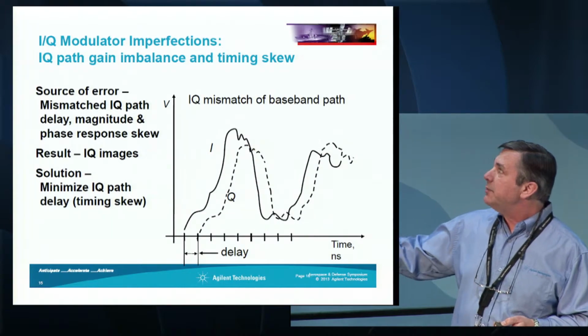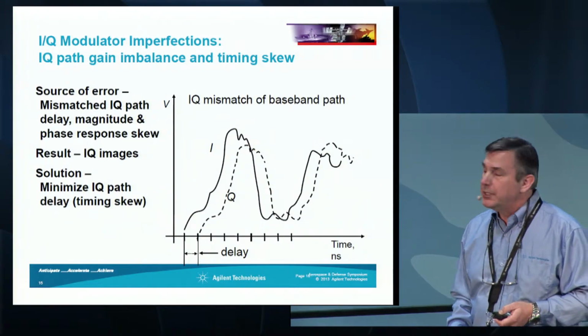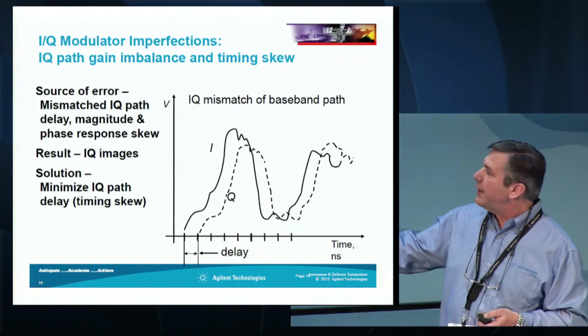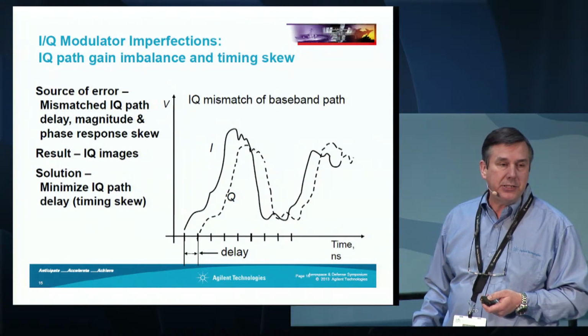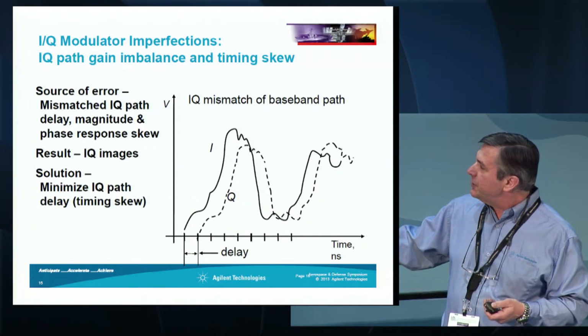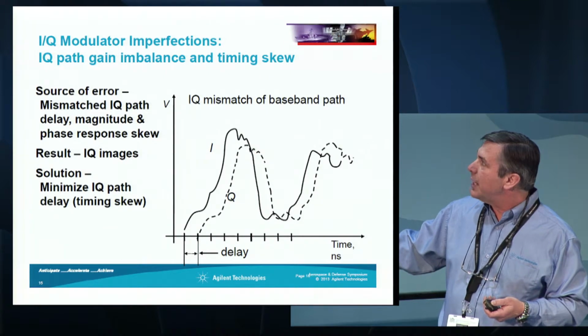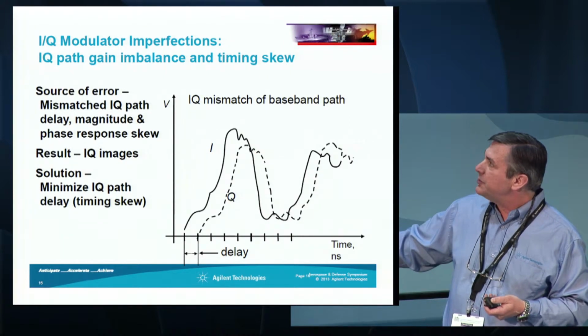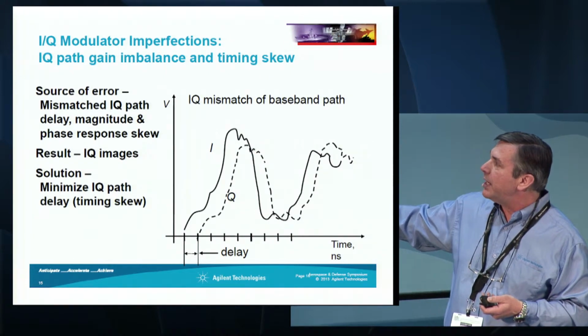Another imperfection that you'll see within the IQ block of your signal generator is gain imbalance and timing skew. And this, of course, is where you have a delay between the I and the Q signals as they approach the mixers. So you have a difference in time called a timing skew, and you may also have a gain imbalance.